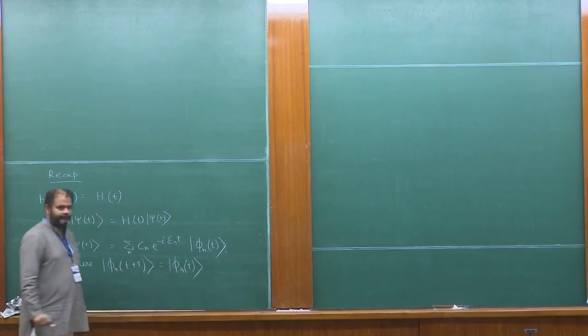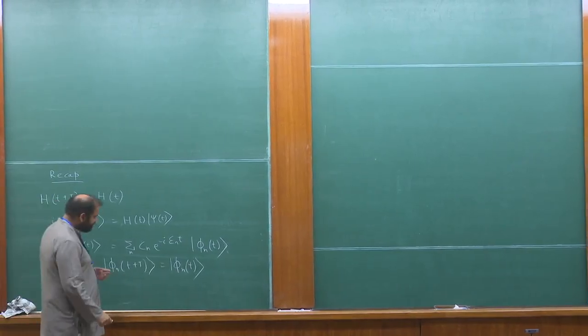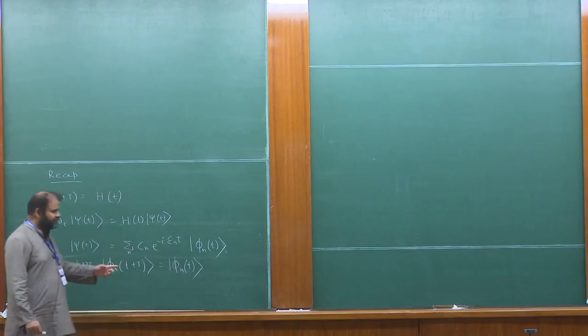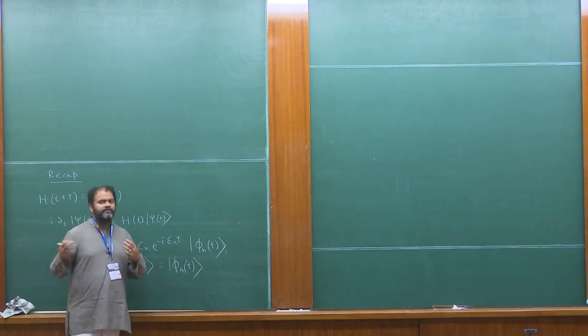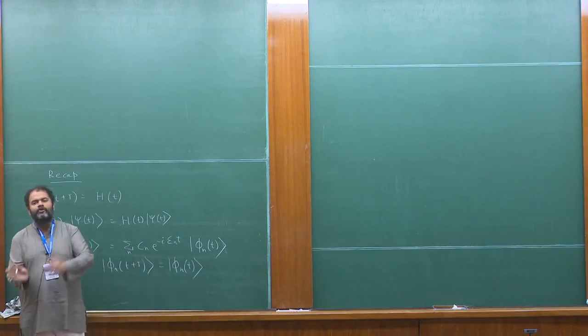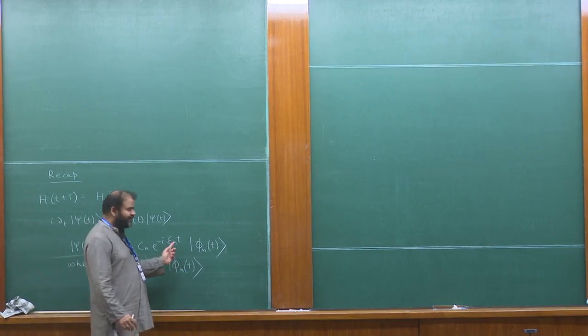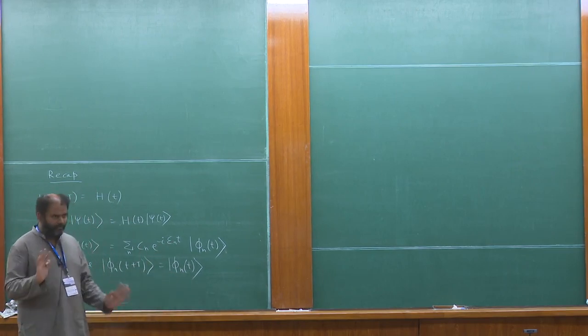Okay? And the other thing that we said was that these eigenenergies, which are now time independent, are obtained from the stroboscopic evolution of the Hamiltonian. So these are the eigenenergies that correspond to UF, which is the stroboscopic evolution operator.